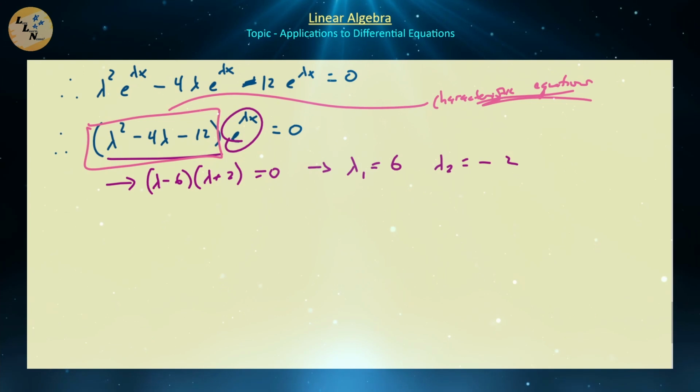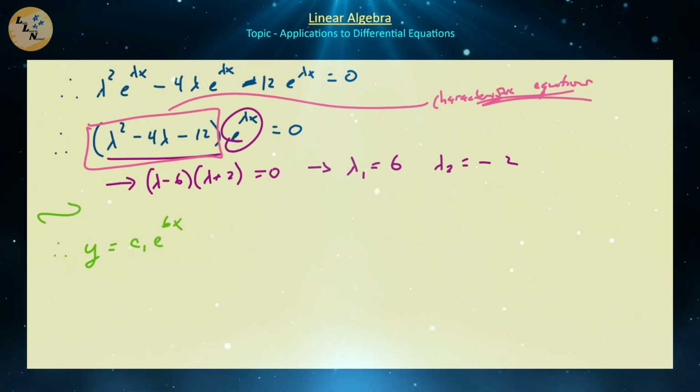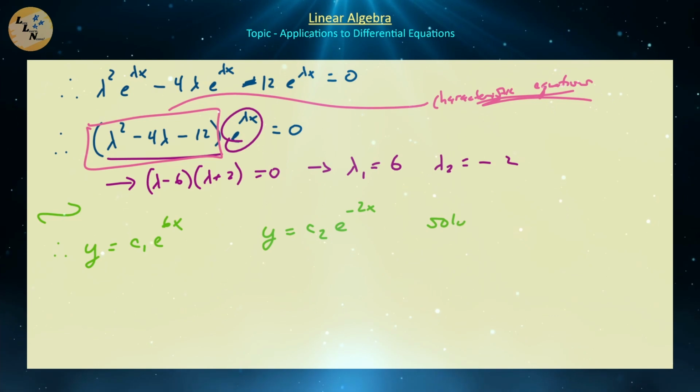So now that we have this, we have two solutions. In particular, we have y is equal to c1 e to the 2x as our first solution, and y is equal to c2 e to the minus 6x as our second solution. So these are our solutions to our ordinary differential equation.